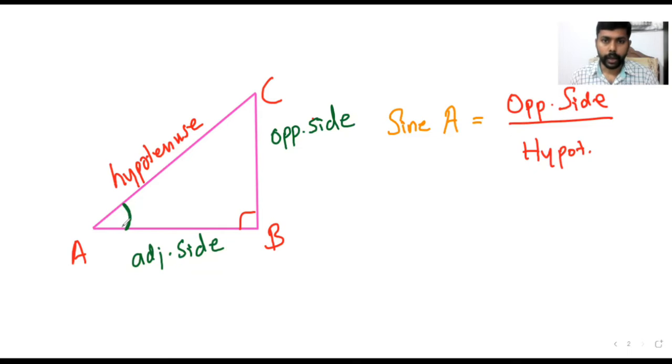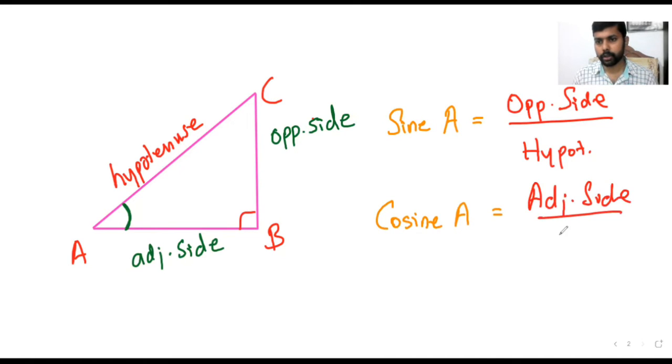The second ratio is the cosine value of angle A. Second, we are defining the cosine of angle A. The cosine value of angle A is defined as the ratio between the adjacent side and the hypotenuse. That means AB divided by AC.